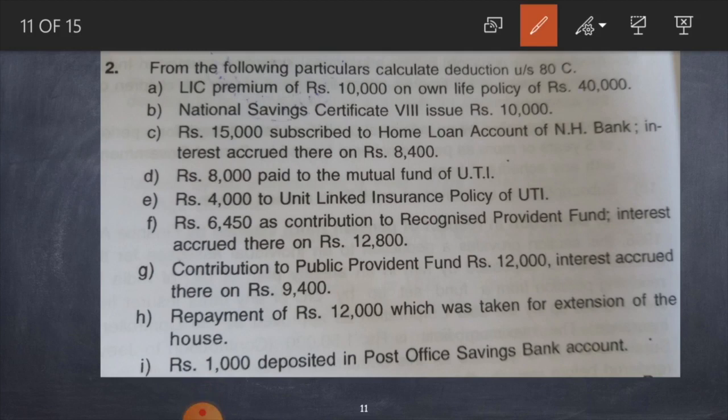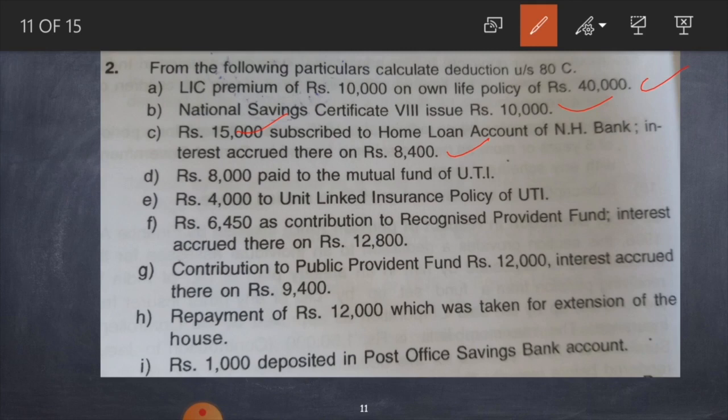Here LIC premium of rupees 10,000 on own life policy is eligible, National Savings Certificate 8th issue is eligible, 15,000 rupees subscribed to home loan account scheme of National Housing Bank and interest accrued thereon, rupees 8,400, both are eligible.